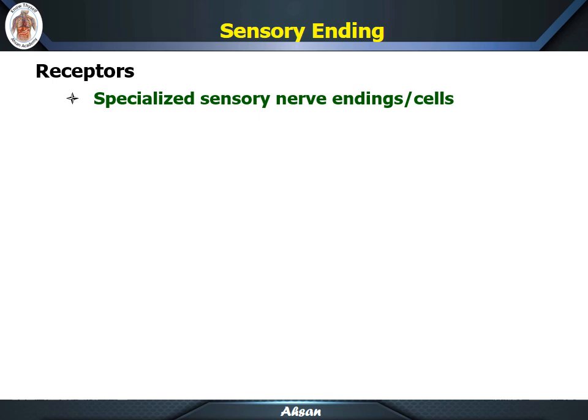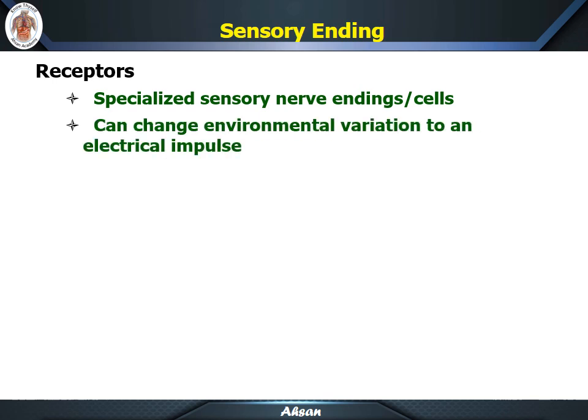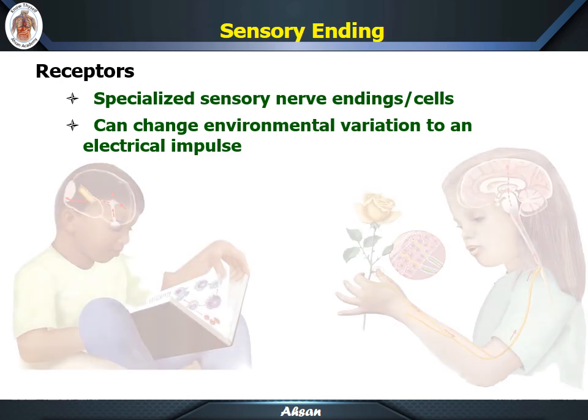These sensations are received by specialized organs in different places of the body, that may be on the surface or inside the body. These are the sensory nerve endings or specialized epithelial cells. They can convert the physical or chemical change in the environment into an electrical impulse that reaches the brain and gives some sensation.